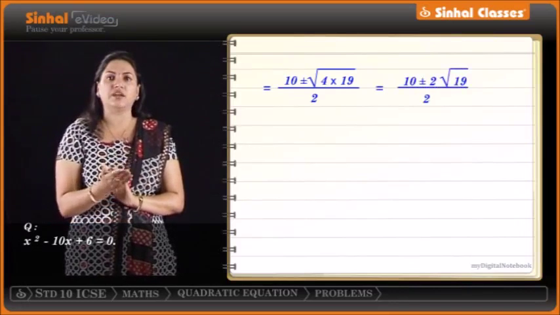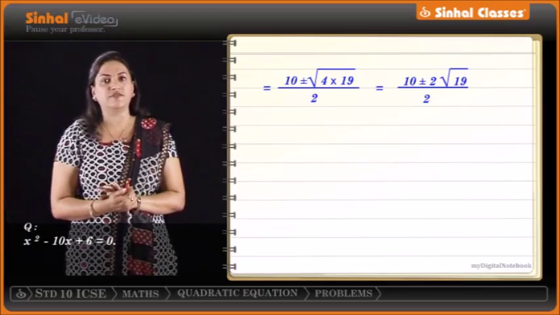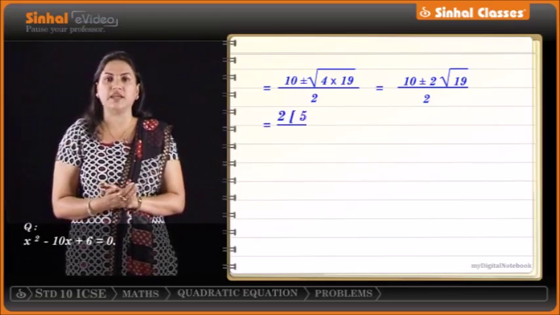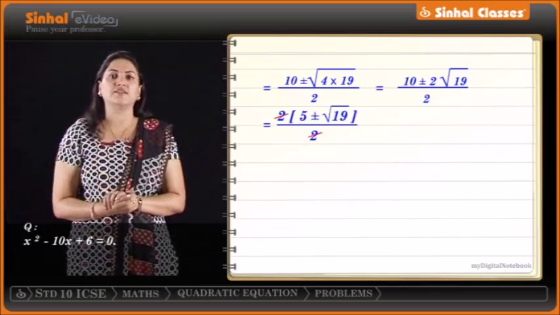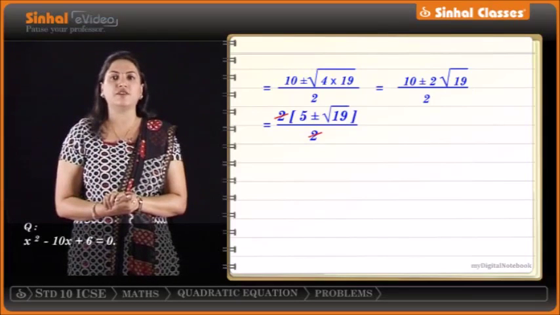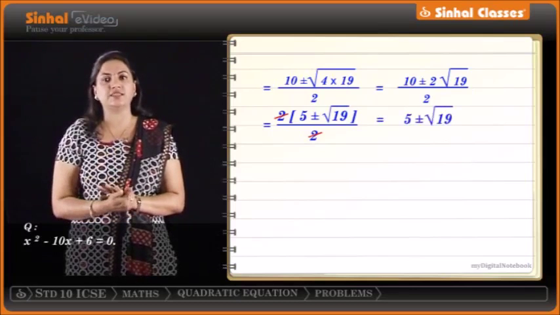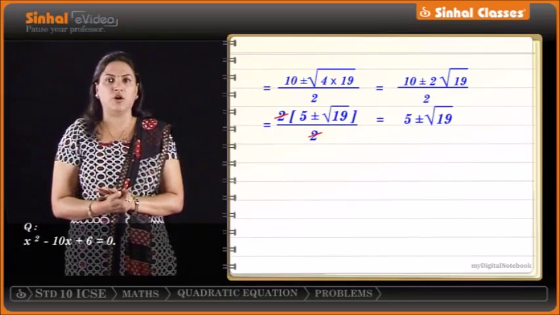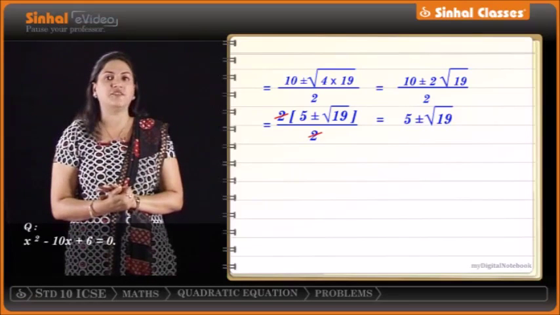Now from the numerator 2 outside, we have 2 into 5 plus or minus root 19 upon 2. 2 and 2 cancel. We are left with 5 plus or minus root 19. Now root 19's value we will see from the log tables, which is 4.358.